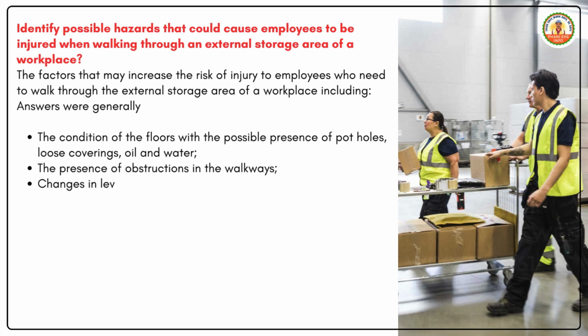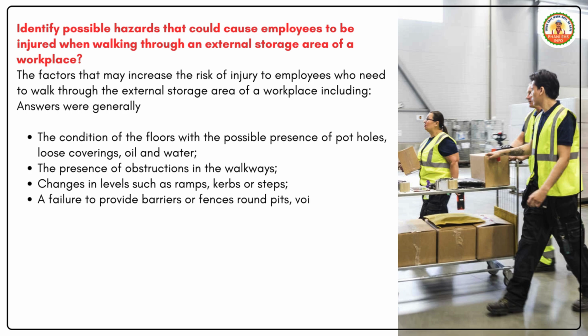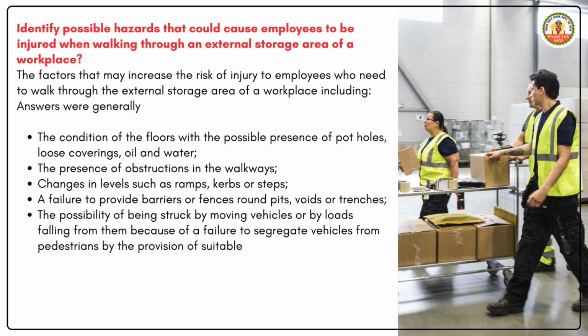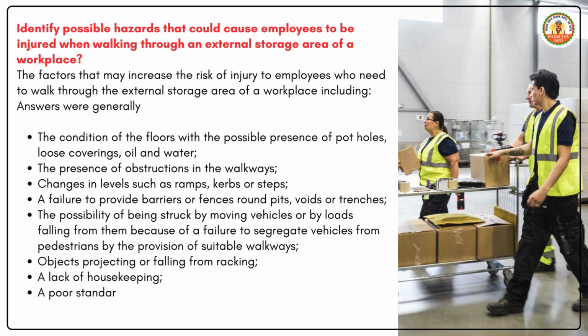Changes in levels such as ramps, curbs or steps. A failure to provide barriers or fences round pits, voids or trenches. The possibility of being struck by moving vehicles or by loads falling from them because of a failure to segregate vehicles from pedestrians by the provision of suitable walkways. Objects projecting or falling from racking. A lack of housekeeping. A poor standard of lighting and inclement weather conditions.